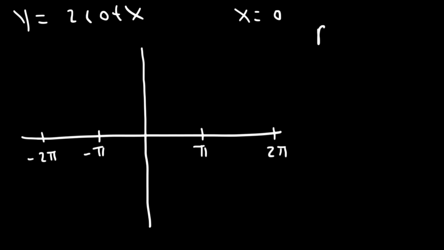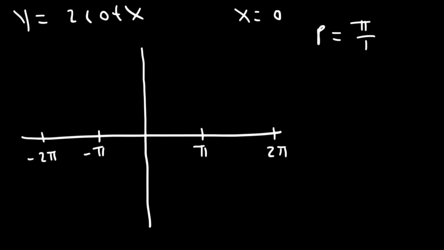Keep in mind the period of tangent and cotangent. It's pi over b. So b is 1. So as you can see, the distance between vertical asymptotes is the period. In the case of secant and cosecant, the distance between vertical asymptotes is not 1 period, but it's half the period. So just keep in mind of that little difference.